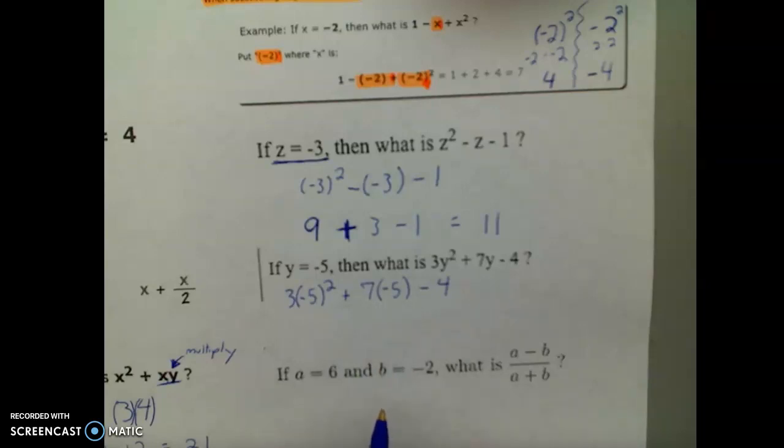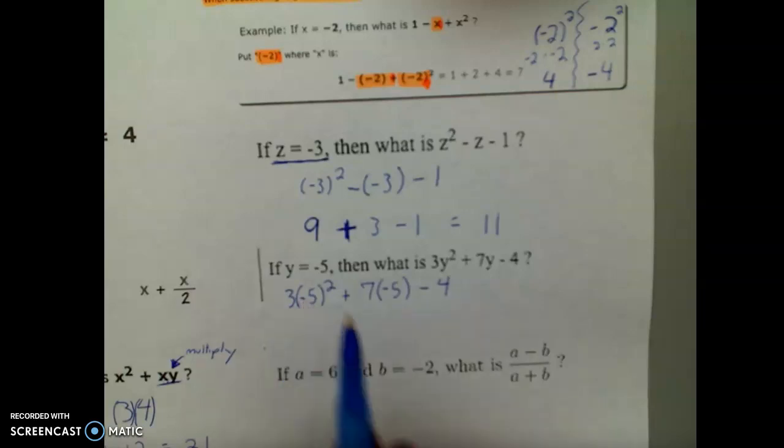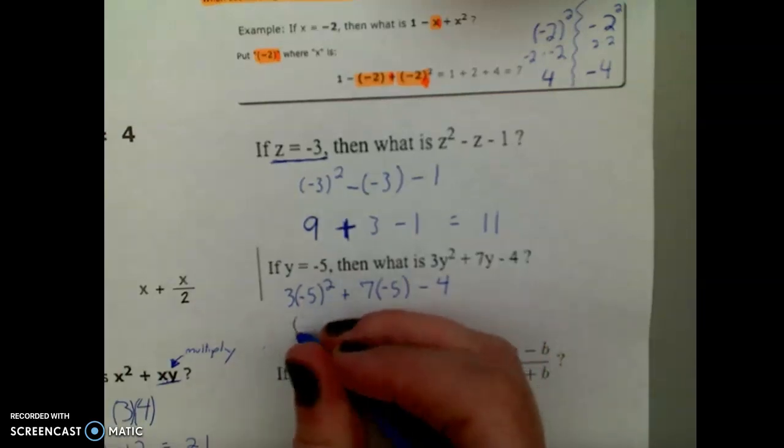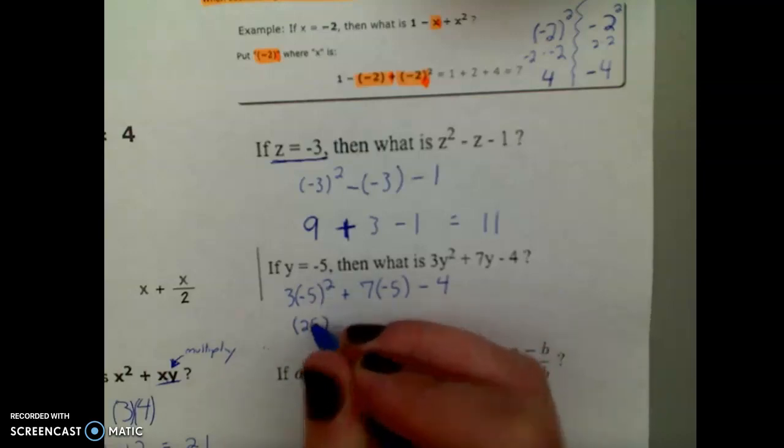So, let's take care of good old PEMDAS. We're going to take negative 5 and square it first. Exponents come first. Well, after the parentheses. So, negative 5 times negative 5 is a positive 25. I'll bring that down.